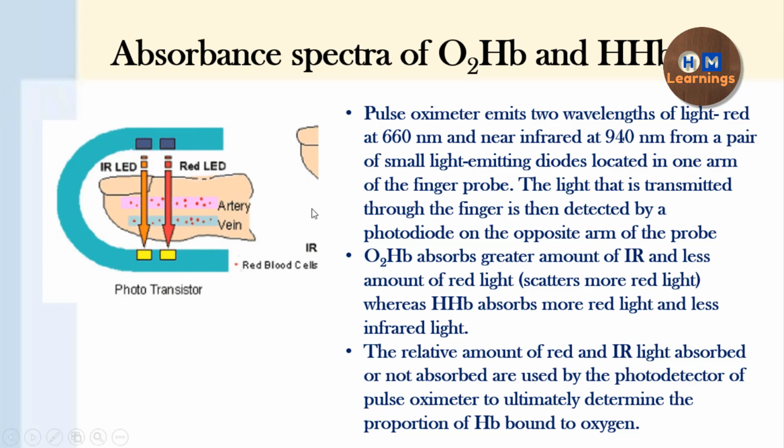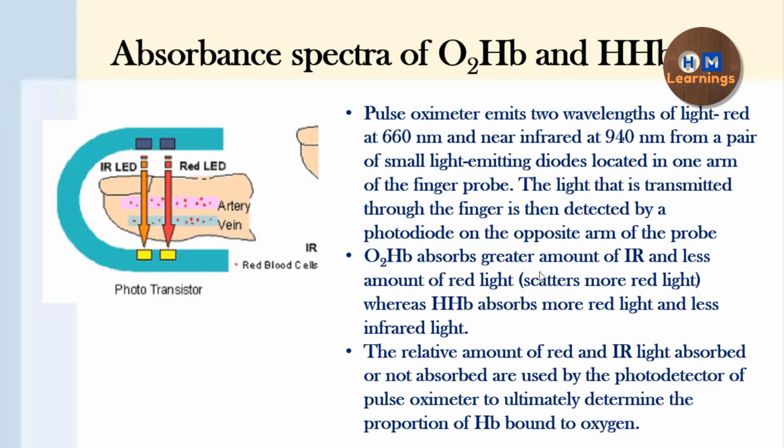Okay, so they are using red light at 660 nanometers and near infrared light at 940 nanometers. Oxyhemoglobin absorbs a greater amount of infrared light and a lesser amount of red light. That means it will scatter more red light, and that is why oxyhemoglobin appears bright red.